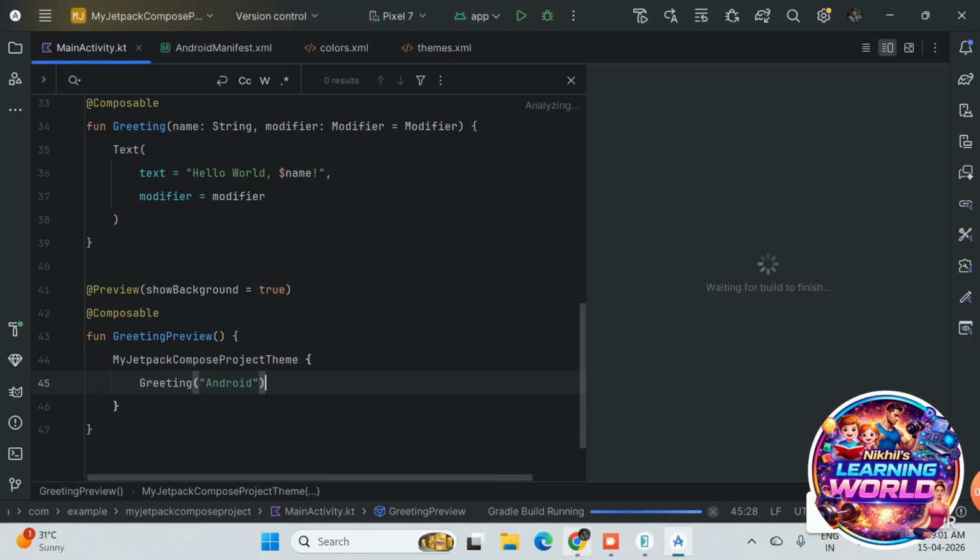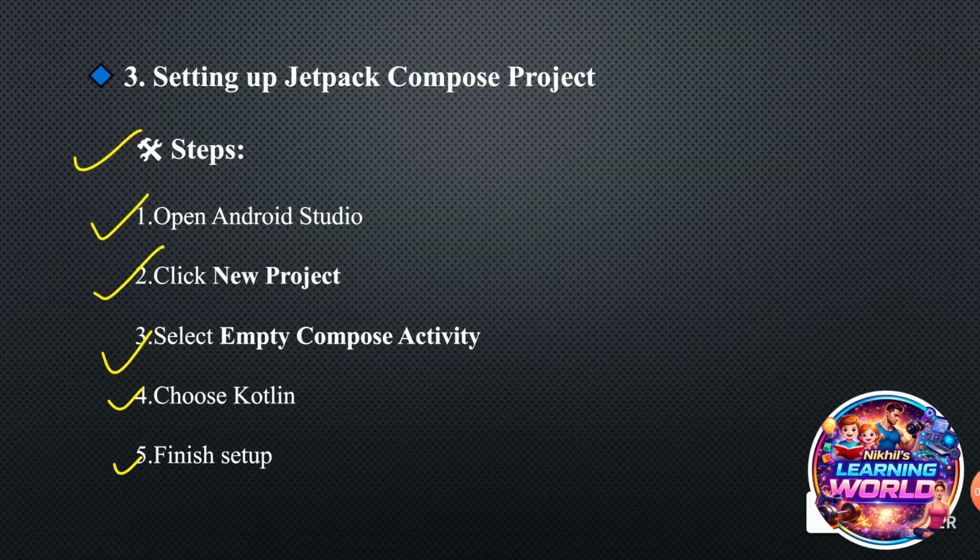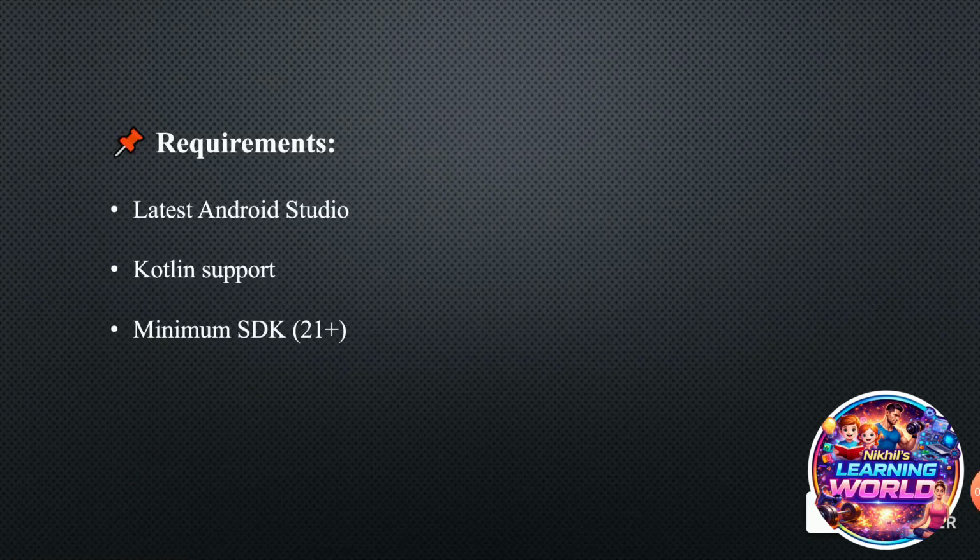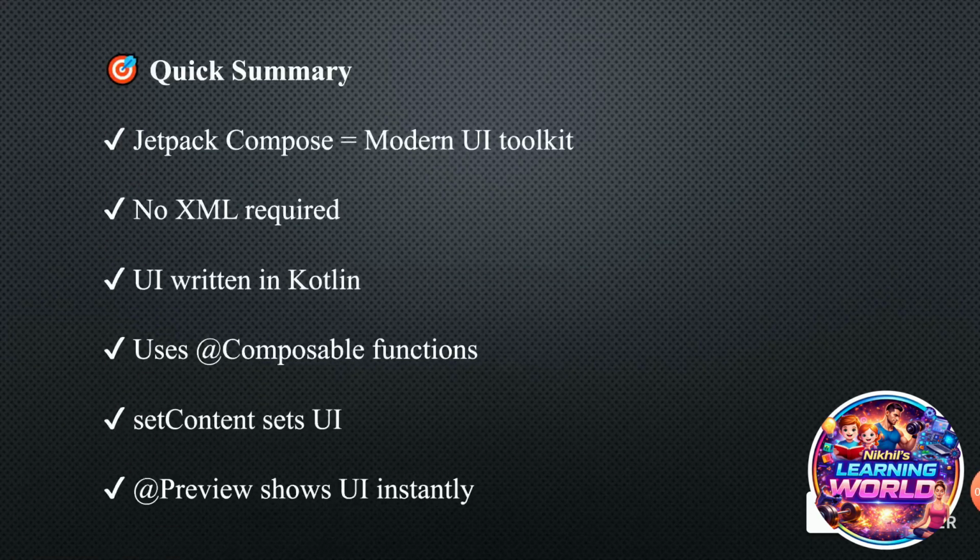So, a quick summary of today's topic. We have learned Jetpack Compose. It's a modern UI toolkit, so no XML is required now. We will use the Kotlin language only for making UI updates. The UI is written in Kotlin and uses composable functions for making the UI content. setContent sets the UI, and Preview shows the UI instantly.